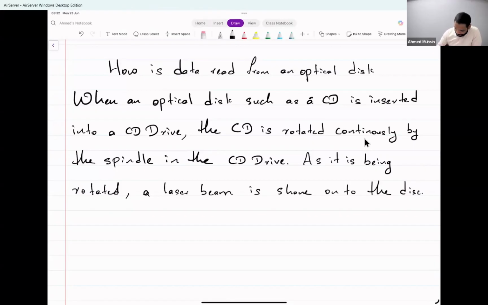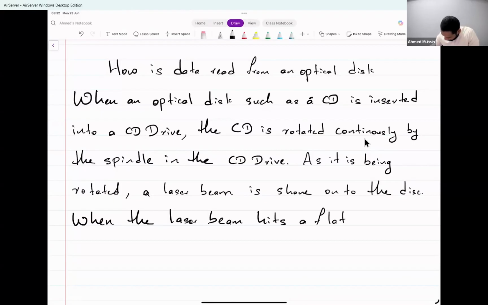Okay, when the laser beam hits a flat area, there is a reflection of light.